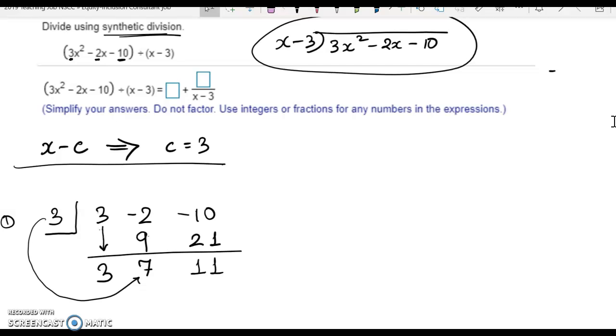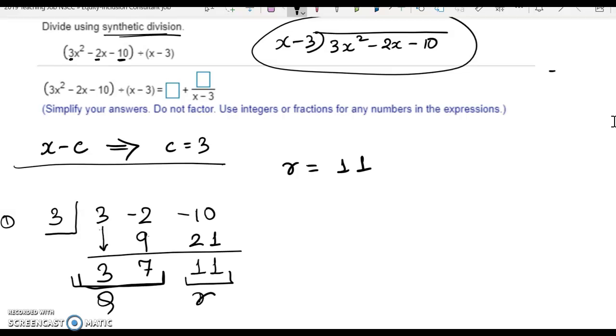So we ended up solving the whole long division problem by just these 2 steps. I'll remove this arrow from here. These 2 will give me my quotient and this one will give me my remainder. So my remainder R is equal to 11.